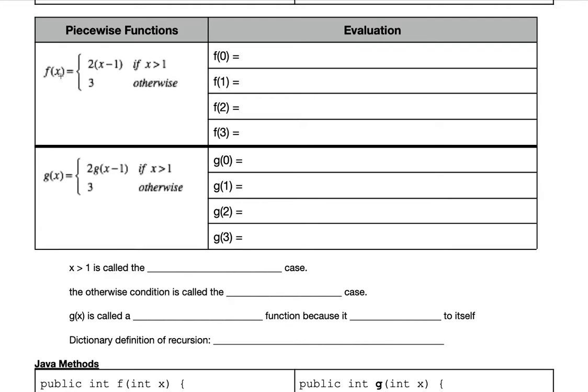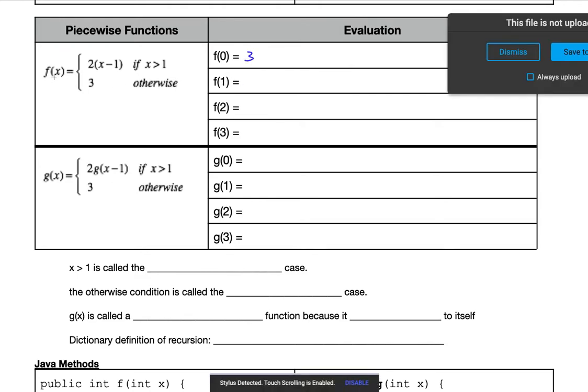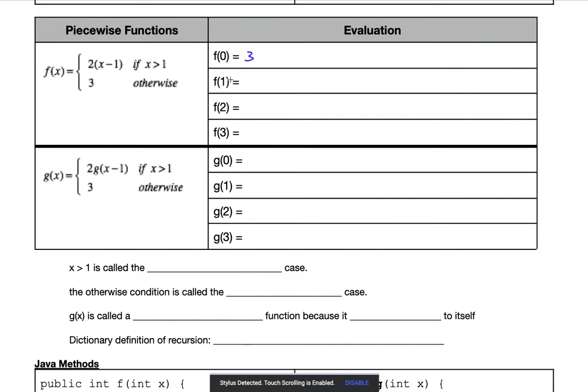So if our input is 0, it asks first, is it true that 0 is bigger than 1? It's not, so we do what it says in the otherwise condition, which is we just say the value is 3. For f of 1, once again, 1 is not bigger than 1, so we do the otherwise condition, which is 3. When we put in 2, 2 is bigger than 1, so we do this condition.